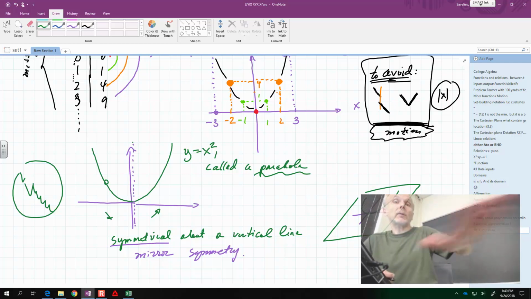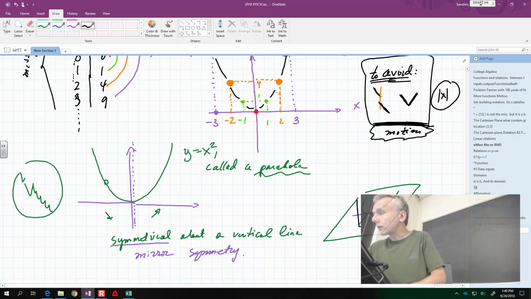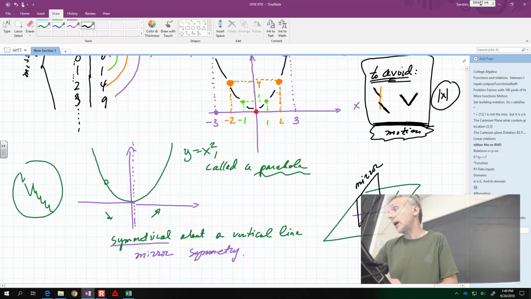This is on the flat surface, my xy plane, and this is where I put my mirror, following the y-axis. Do you see what I'm saying?